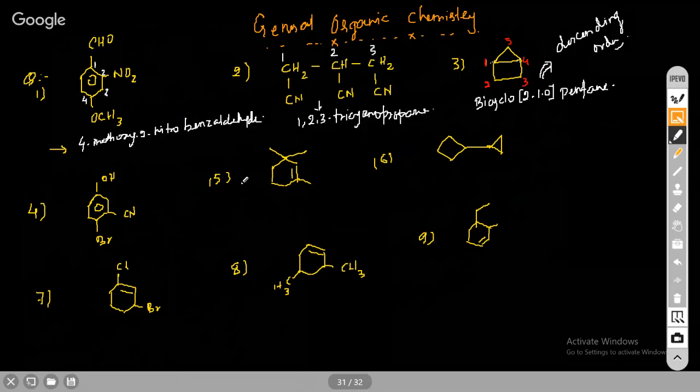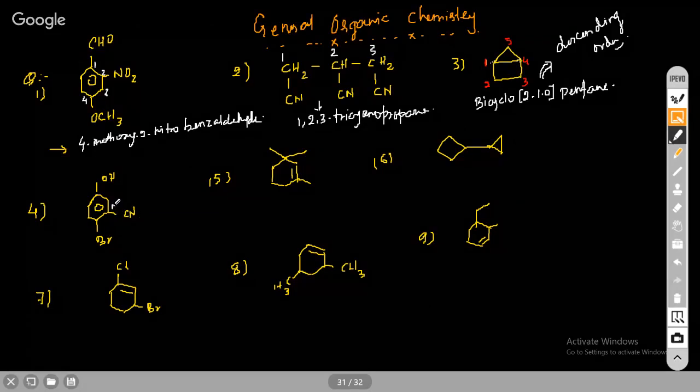Okay. Now this one, what is the name of this one? Tell me. Let me tell you, the highest priority is this nitrile. This is the first carbon. Priority order you already have there in the book. This is the first carbon.